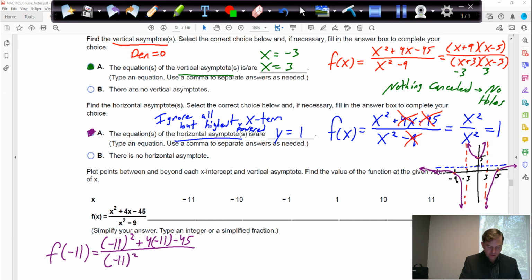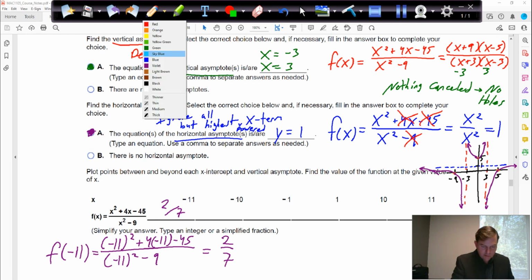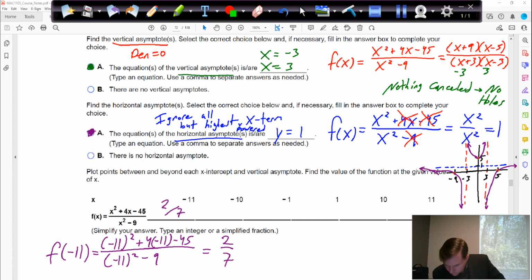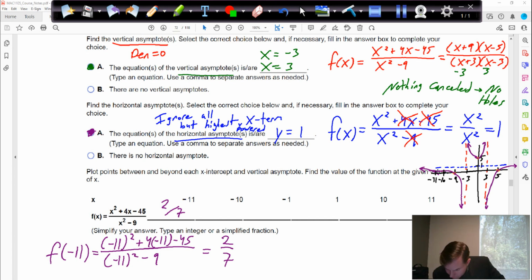And you get -11 squared minus 9. And if you do this correctly and you get all these numbers typed out and you simplify it, it will just be 2 over 7. So 2 over 7, let's try to put that in the graph here. 2 over 7 is not quite 1.